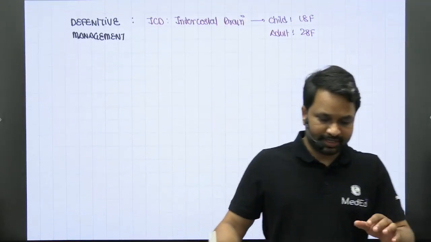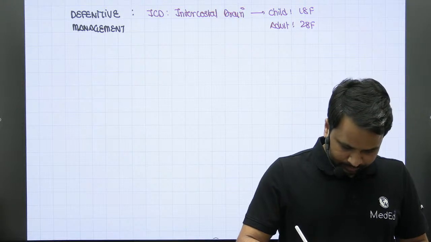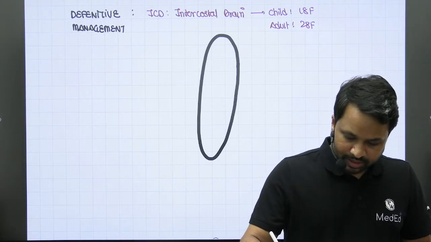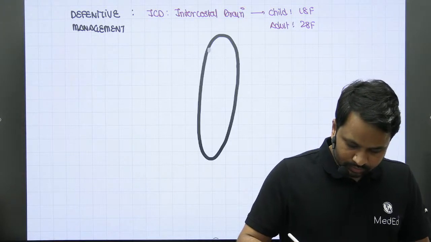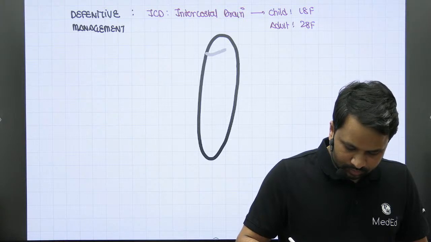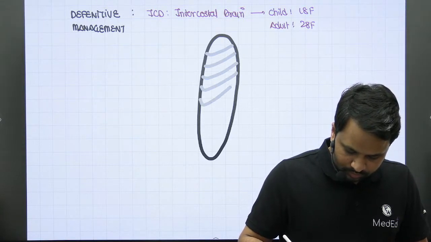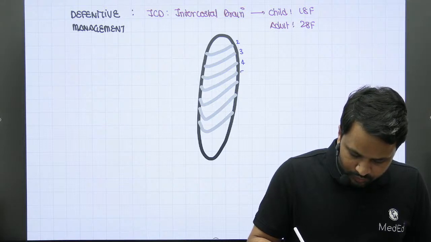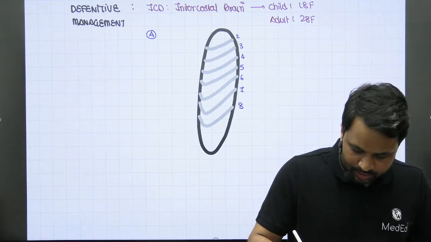Now, where would you put the ICD? ICD has to be put in something called the safety triangle. This is the lateral view of the thorax, and imagine that these are the ribs. Just for the sake of understanding, if I label them 2, 3, 4, 5, 6, 7, 8, this is the anterior surface and this is the posterior surface.